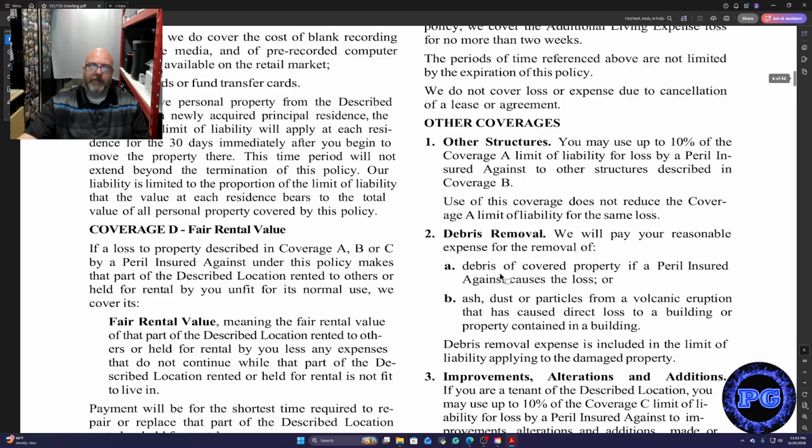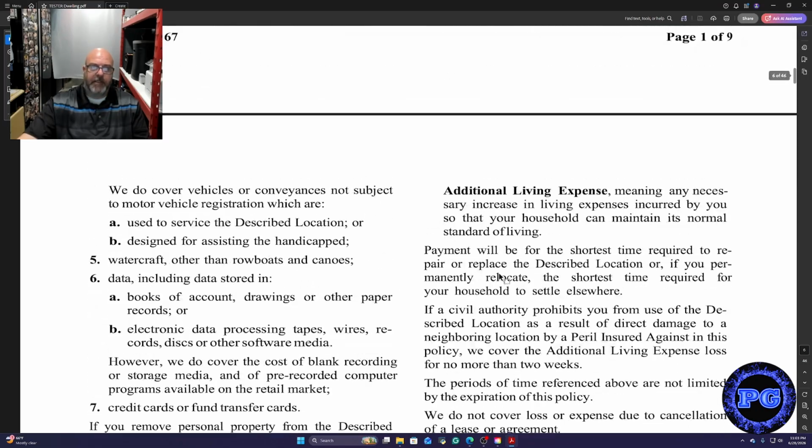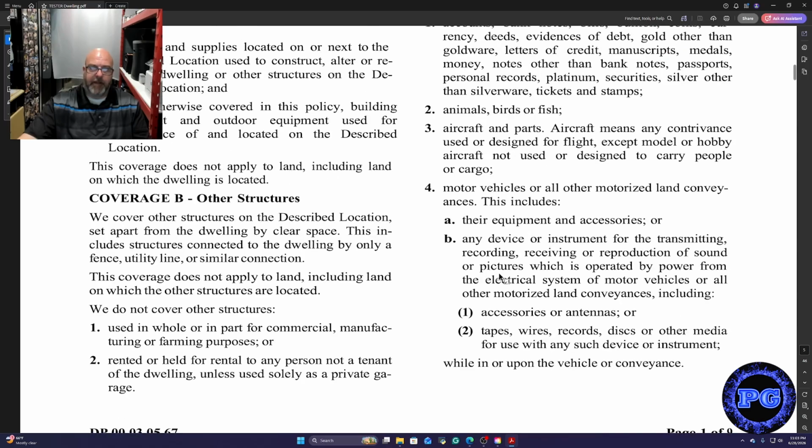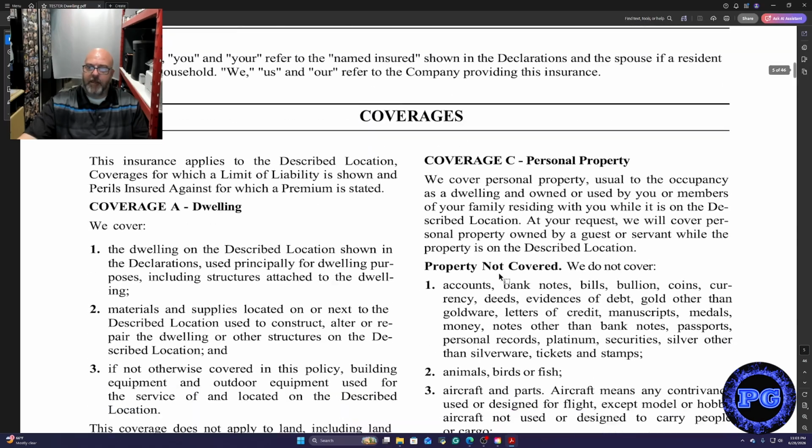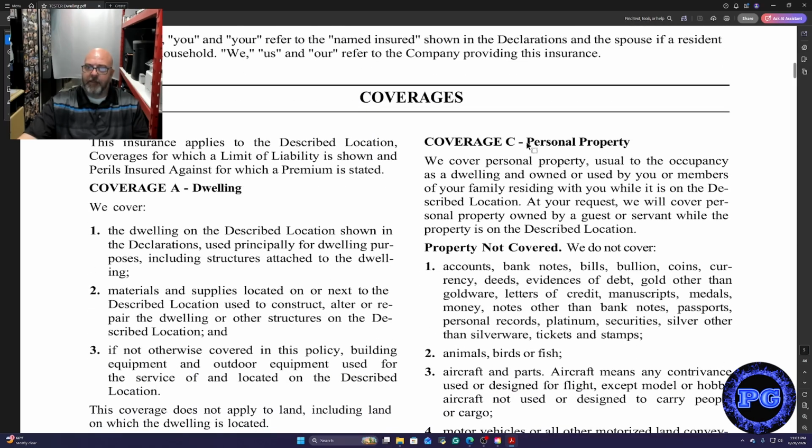So that's pretty cool. Let me see real quick, although I don't want to spend a lot of time on it. Coverage C. So here we go. We cover personal property, usually to the occupancy as a dwelling or owned by or used by you or the members of the family residing with you while it is on the described location.